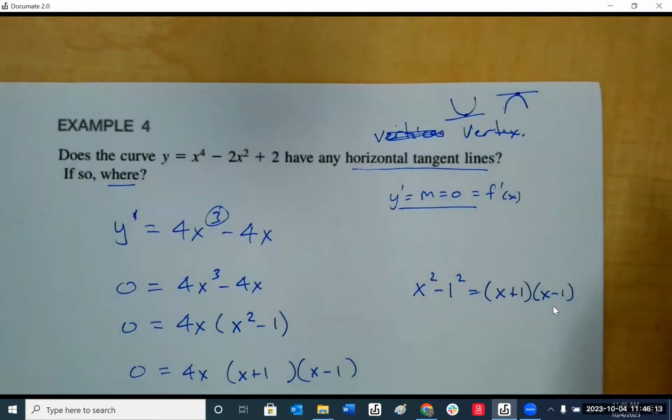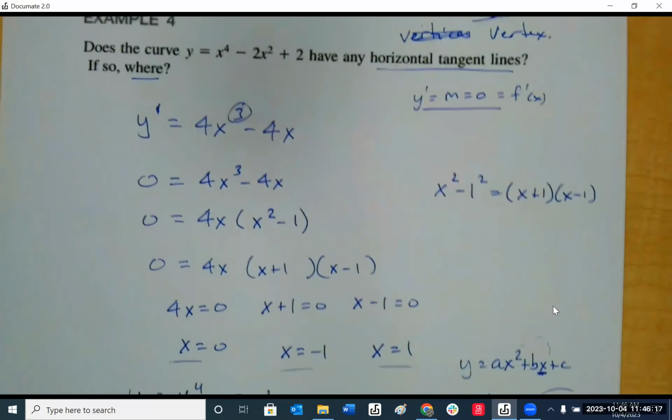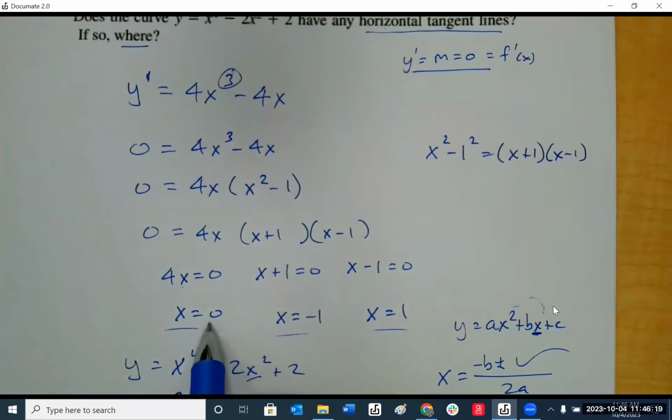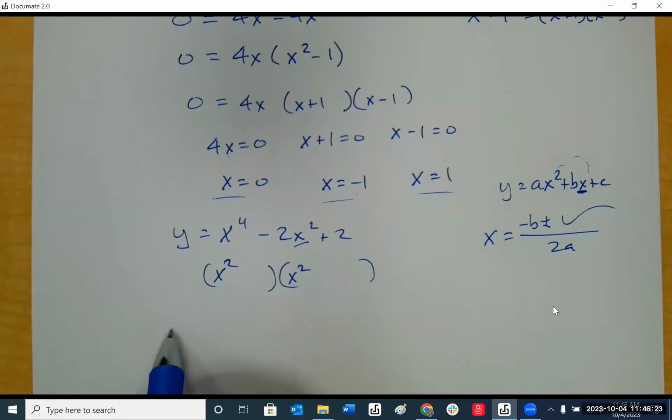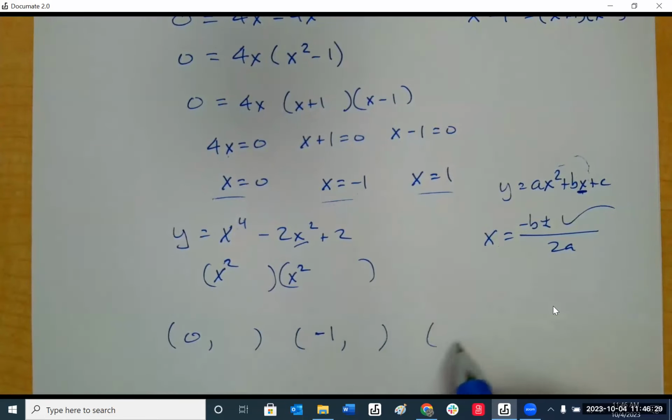So that's how you find your vertex. They occur at x equals 0, x equals -1, and x equals 1. The location of those, we have to work them out.